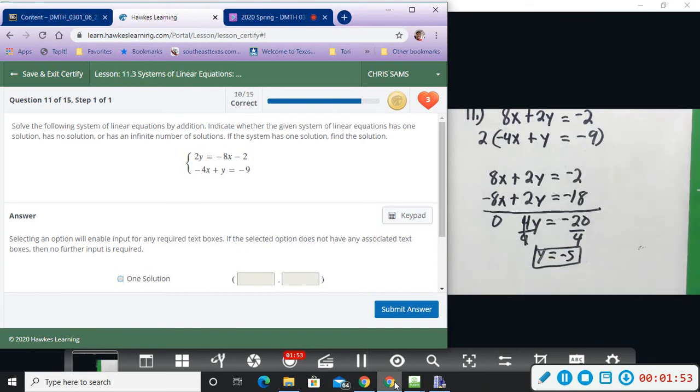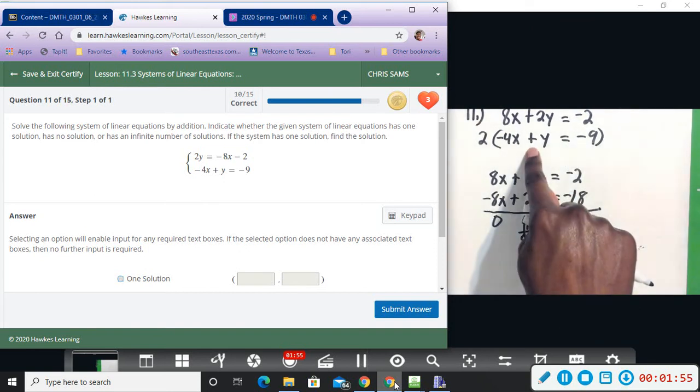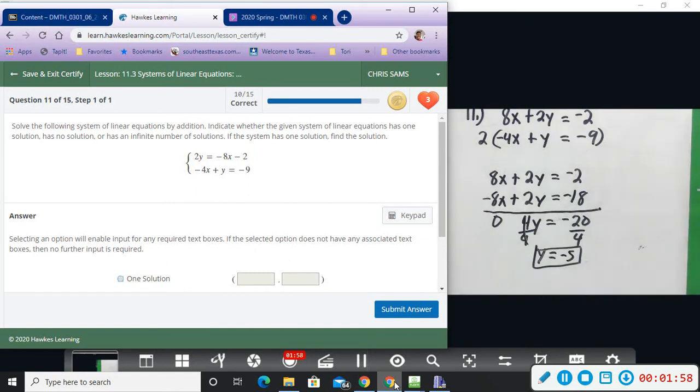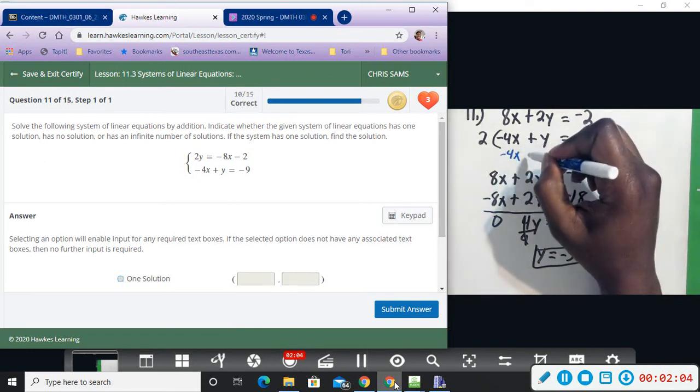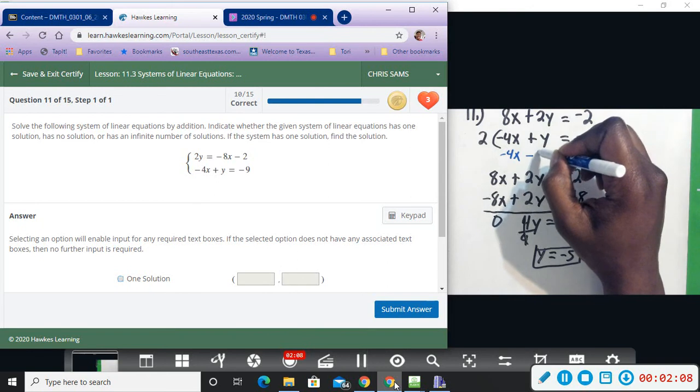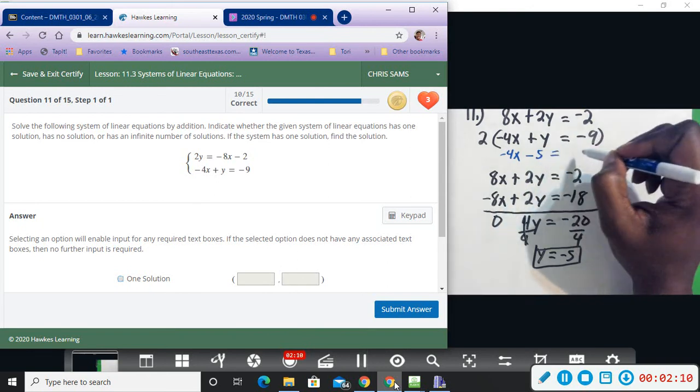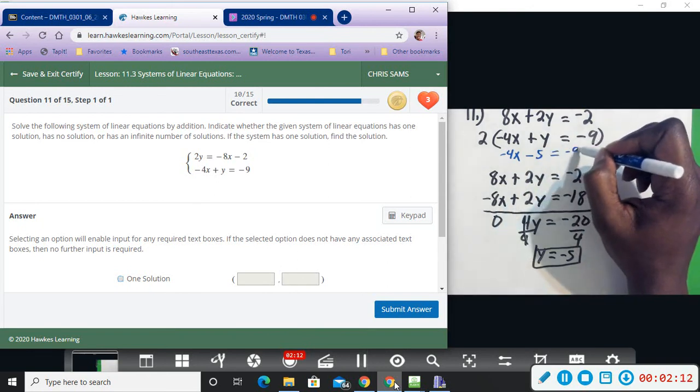Alright, so we're going to take this negative 5 and plug it into one of our original equations, namely that one there. And so I'll have a negative 4x. This will be minus 5. You can say plus negative 5 or just minus 5 equals negative 9.